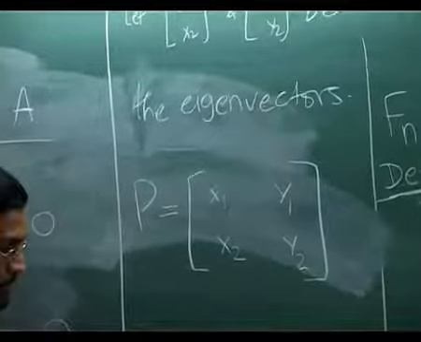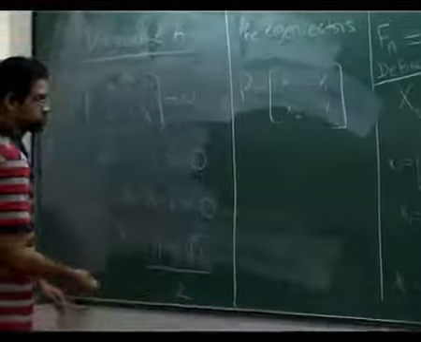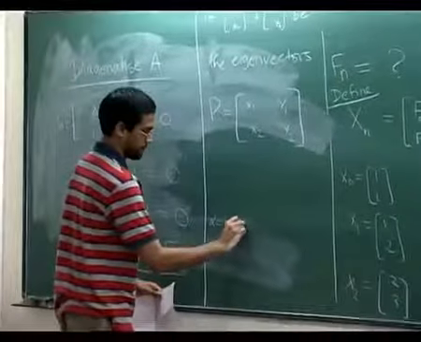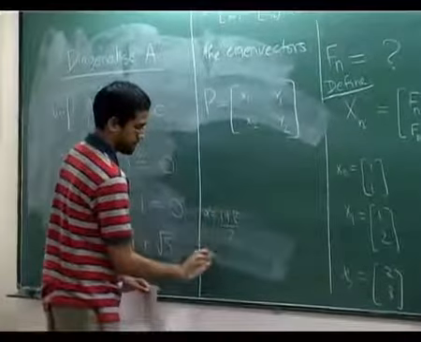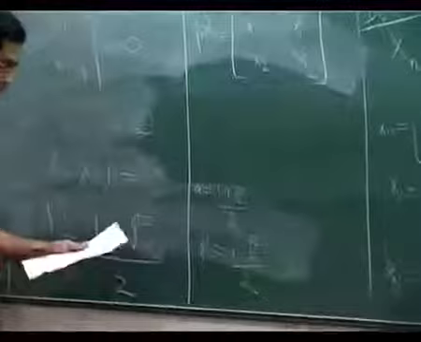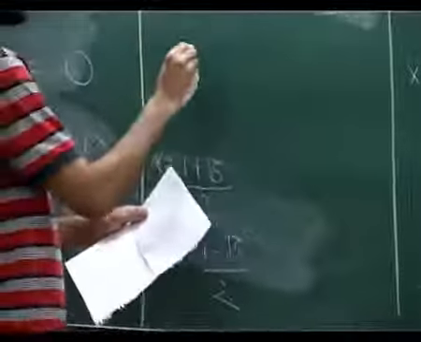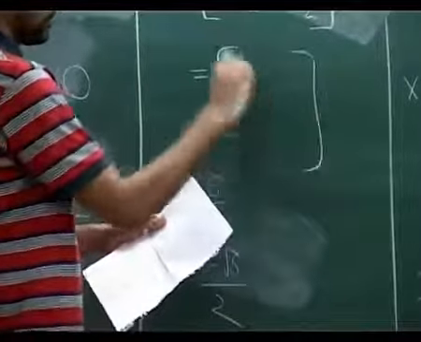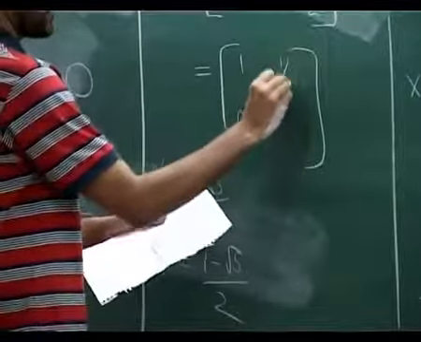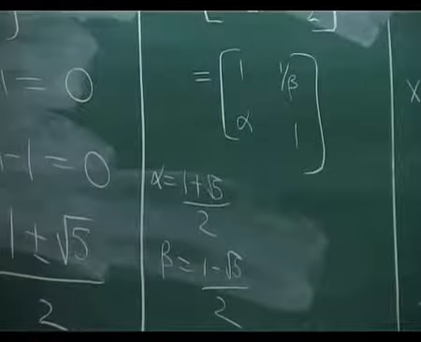Let's give these two roots a name. Let's call alpha as (1 plus root 5) by 2 and beta as (1 minus root 5) by 2. Then this matrix P is in fact (1 1; alpha beta).